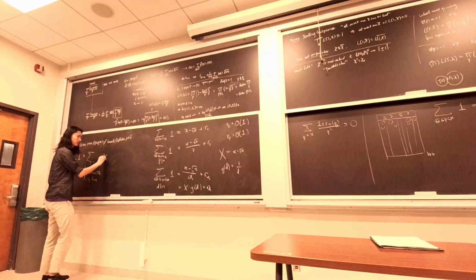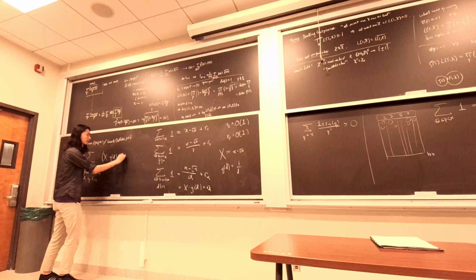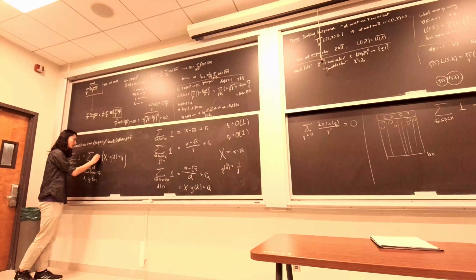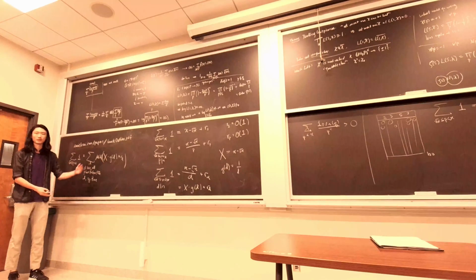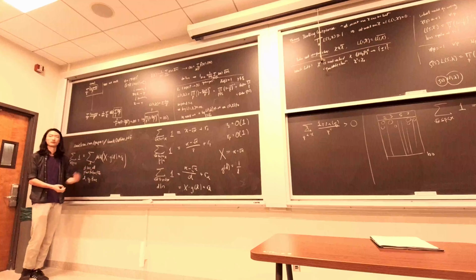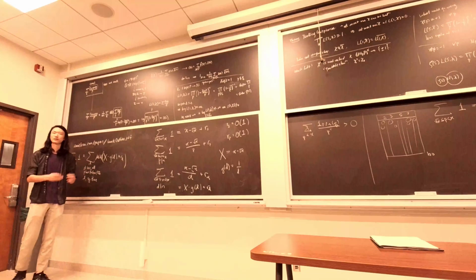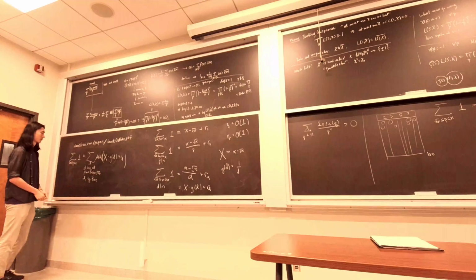So I get X times g of d plus r sub d. And I need to account for this sign change, right? Some of these are positive, some of these are negative, so I insert a mu of d, where mu of d is plus 1 if d has an even number of prime factors, and mu of d is minus 1 if it has an odd number of prime factors. For our purposes, it's essentially the same thing as a Liouville function. I don't want to get too far into it.